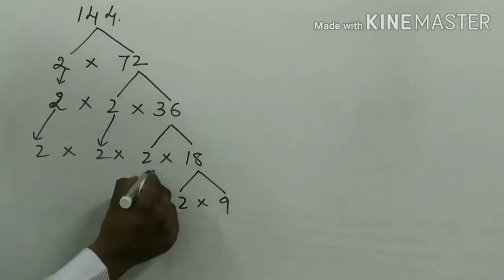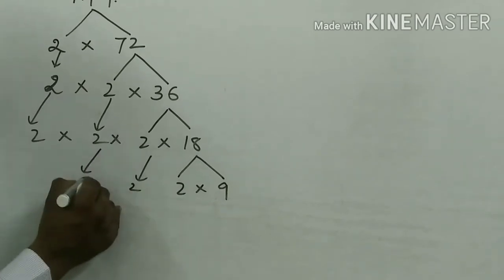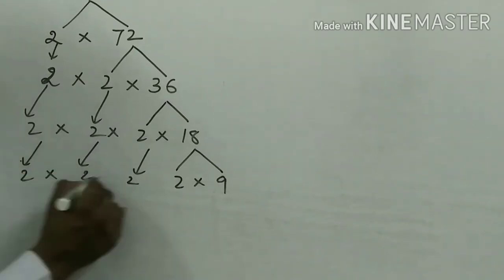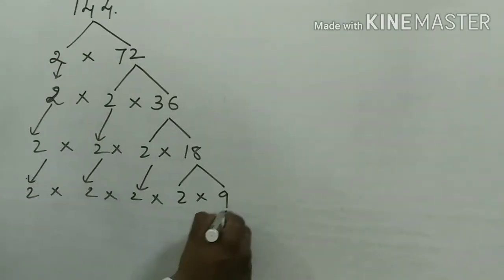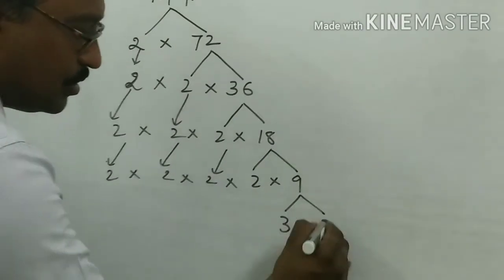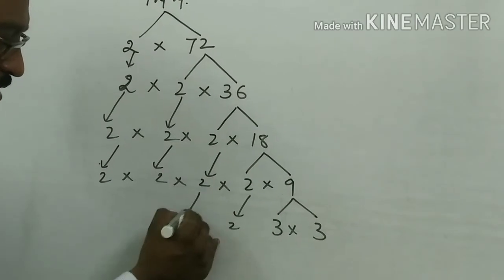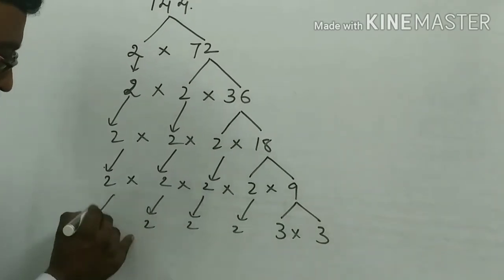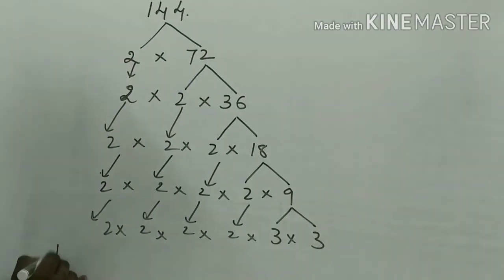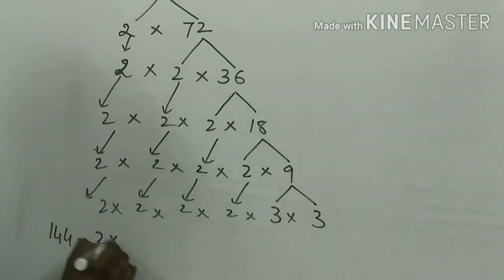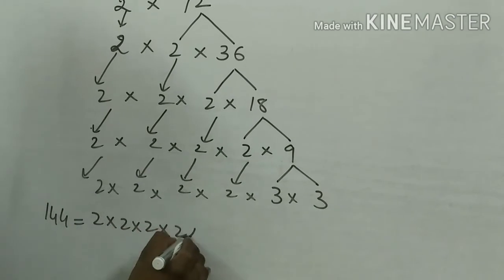Next, 2 table. 18 is 2 into 9, that is this 2 and this 2. Now again 2 table will go? No, 3 table. So 3 into 3. So now 144 is expressed as 2 into 2 into 2 into 2.